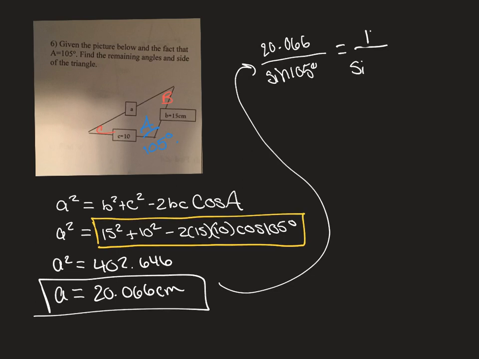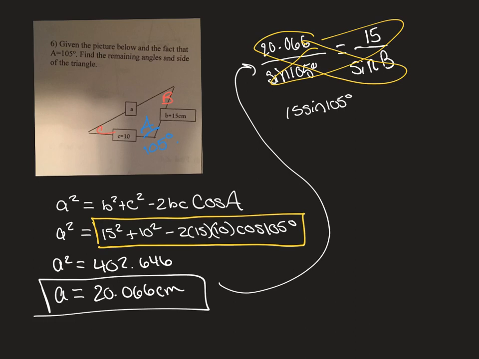B is equal to 15 over sine of angle B. Do the same thing, I'm going to cross multiply. When you do that, you should have 15 sine 105 degrees over 20.066. This is going to equal my sine B.